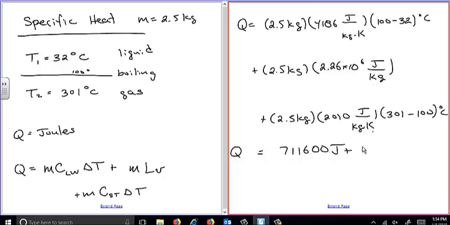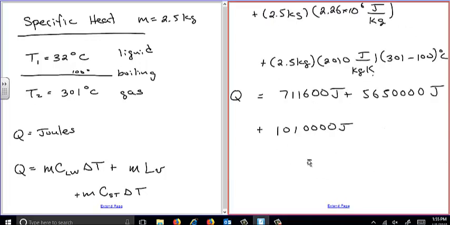So the vaporization takes 5,650,000 joules. And then the last part here is the steam. So you have 2.5 times 2010 times 301 minus 100. And that comes out to be 101,000. So it's a little over a hundred thousand. So this was 700,000, so it's 5 million.